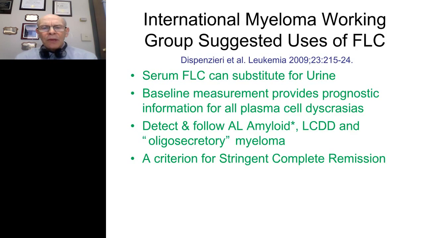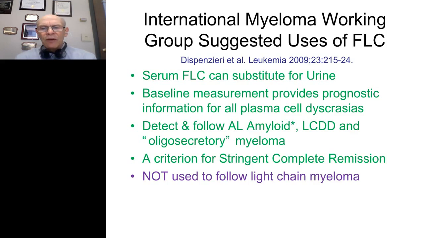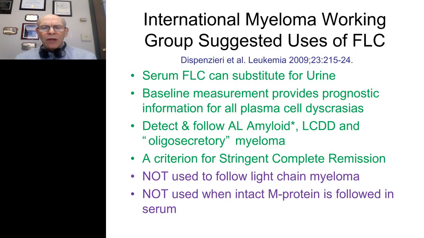However, it is not suggested to be used to follow cases of light chain myeloma. At the present, the guidelines recommend using a 24-hour urine where you measure the densitometric scan, as I just showed you. It's also not used when a patient has an intact M protein that is followed in the serum, which is about 3/4 of the cases.